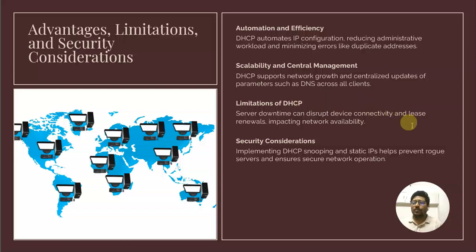The limitation of DHCP is that if the DHCP server goes down, a disturbance can happen. But at the organization level, we always keep this redundant across each data center. Security considerations are also there. These are the few background-level points I would like to give you regarding DHCP.